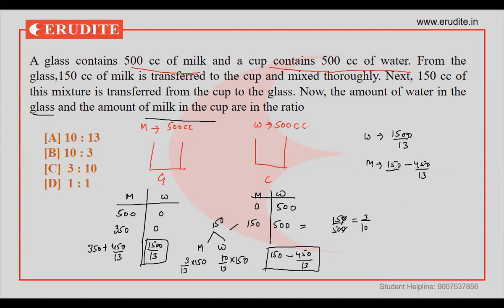Just solve this one. Take the LCM, 13: 150 into 13 is 1950, minus 450 is 1500. So the milk in the cup is 1500 by 13. Now we have to find the ratio of these two.